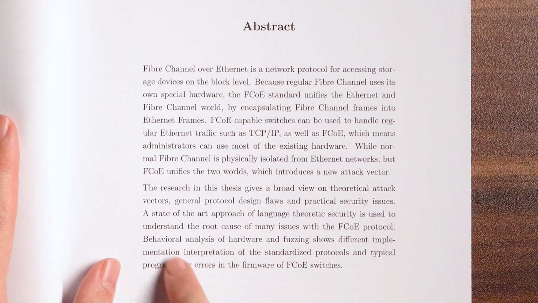So the different implementation interpretations, this is basically the language-theoretic approach: maybe a switch understands the FCoE protocol differently than the server behind it, or the server that tries to speak it. And then through fuzzing, I also found a crash in a Cisco switch, for example. It completely killed the switch.